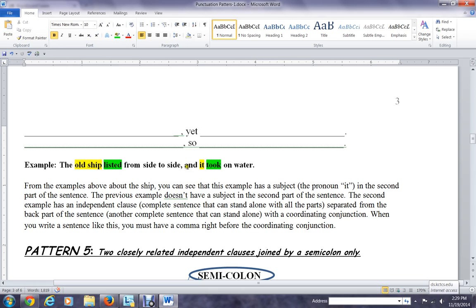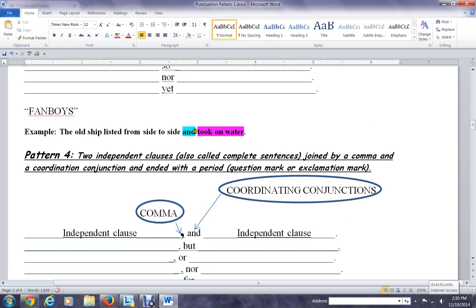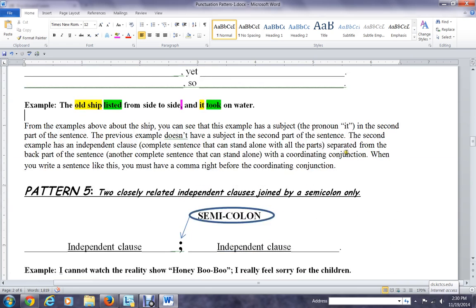These are equal, and we put a comma between them. If we just said took on water without a subject, we don't.